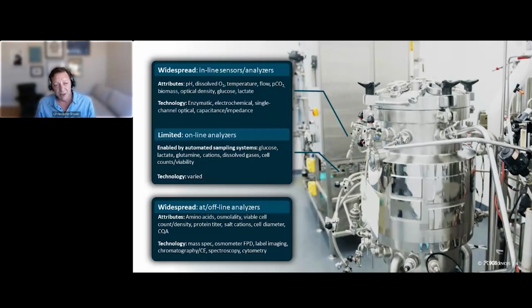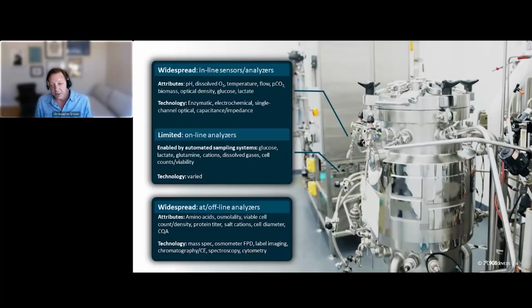And so a little more typically, a lot of those attributes are measured at or offline, so disconnected from the actual process itself. And these are widespread, but they might be a system that's sitting in a laboratory where bioprocess is running, and samples can be brought to that analyzer. So there's a lot of attributes there that are accessible: amino acids, osmolality, cell counts, density, viability, CQAs in general.